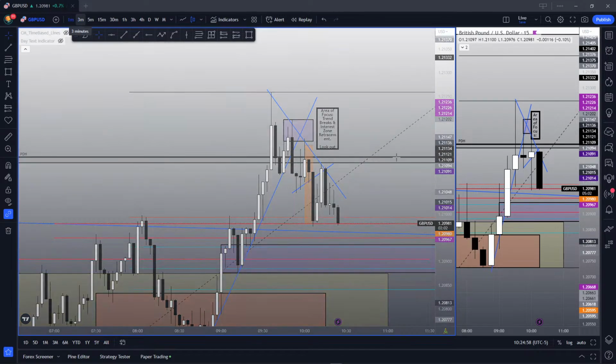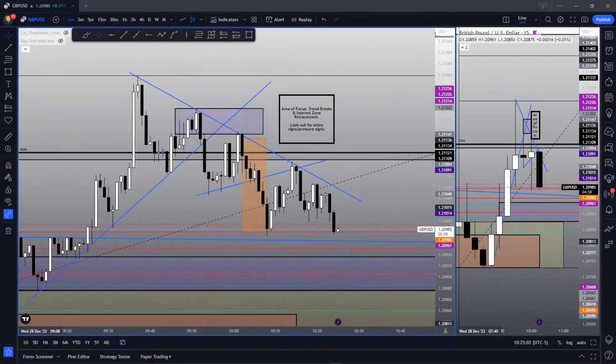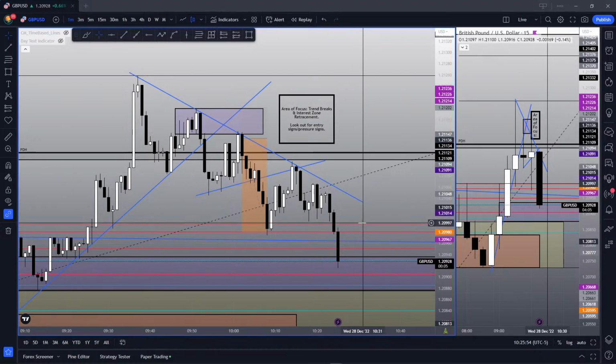Looks like it maintained pretty nice. Price respecting the trend and pushing down. That's good.